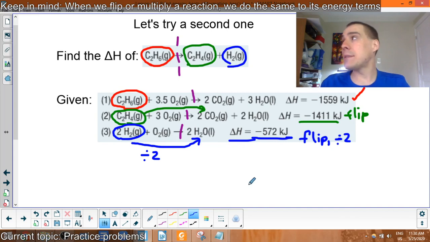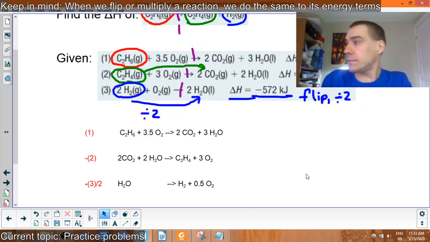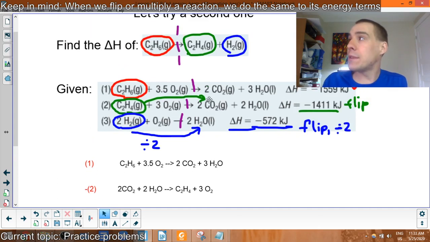So I'm going to pause and write out these equations flipped and multiplied, and I'll show you that it all cancels out correctly. So I've written it all out now. I took number 1 and I just left it alone. C2H6 plus 3.5O2 gives 2CO2 plus 3H2O. Number 2, we said we had to flip it, so we flip the whole reaction. The 2CO2 and 2H2O are now on the reactant side.